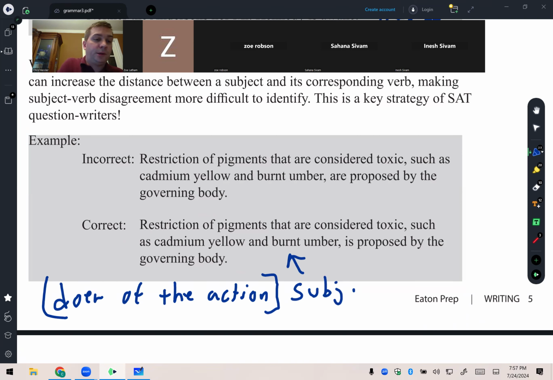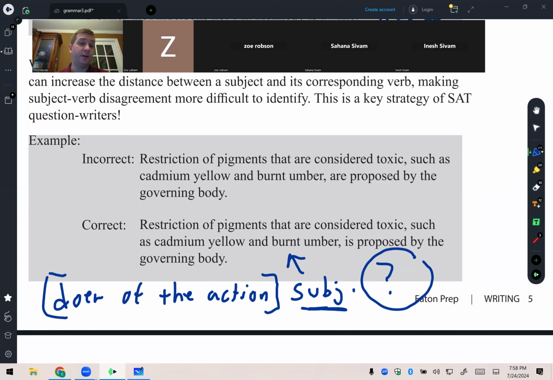So what is the subject? Just a question for you, anyone. It's always the doer of the action. Just want the subject, because then we'll figure out if there's subject-verb agreement or if we don't have it. Are the pigments the subject?